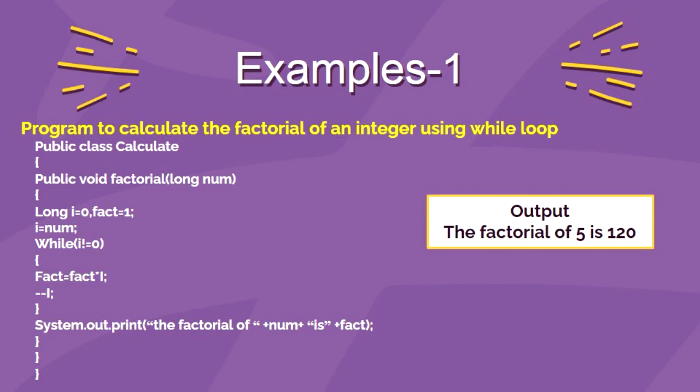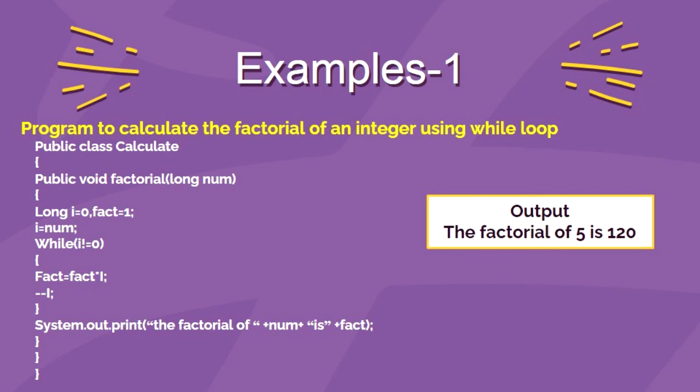So the number you are inputting, I am taking it as 5. 5 into 1 is 5. It goes on till the number is reached. 1 into 1, 2 into 2, 3 into 3, 4 into 4 and 5 into 5. It goes on like this. And the output is: factorial of 5 is 120.